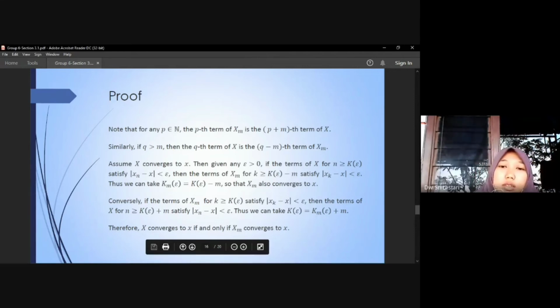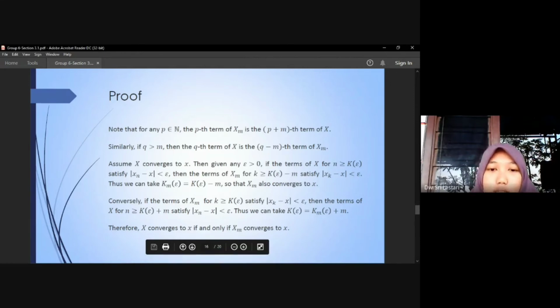Then given any epsilon greater than 0, if the terms of X for n greater than or equal to K(epsilon) satisfy absolute value of xn minus x less than epsilon, then the terms of Xm for k greater than or equal to K(epsilon) minus m satisfy absolute value of xk minus x less than epsilon. Thus we can take K_m(epsilon) equal to K(epsilon) minus m, so that Xm also converges to x.